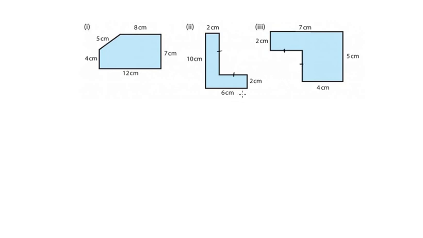And for each of these, you need to find out what the perimeter is, okay? So once you've found out what all the sides are in length, then you add up the length of all the sides, just like we were doing before. So pause the video now, and this is your homework, and we'll go through it in our next math lesson.